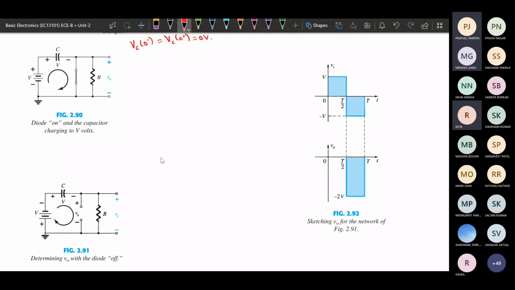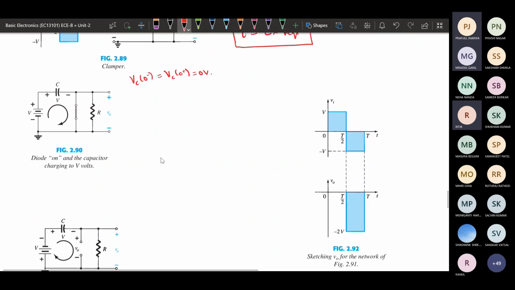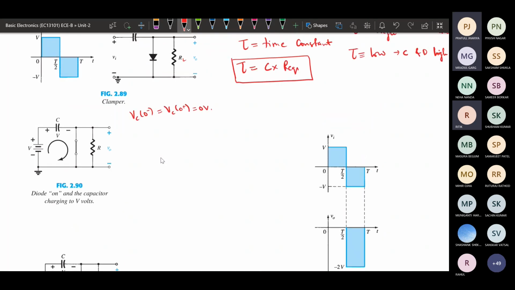So whenever we apply a positive input voltage, this diode will be on. If the diode is on, at that time the voltage across this diode will be 0. So the output voltage will be 0 once the diode is on.